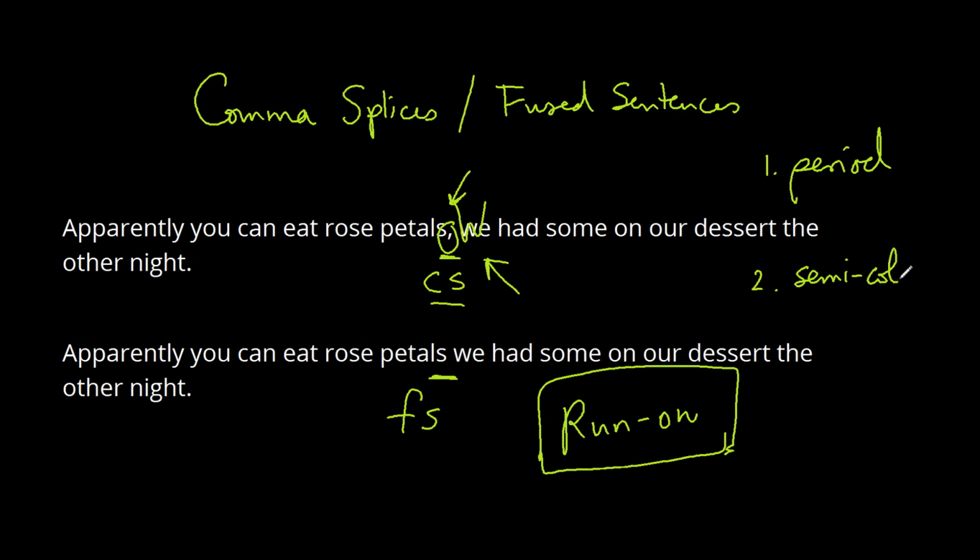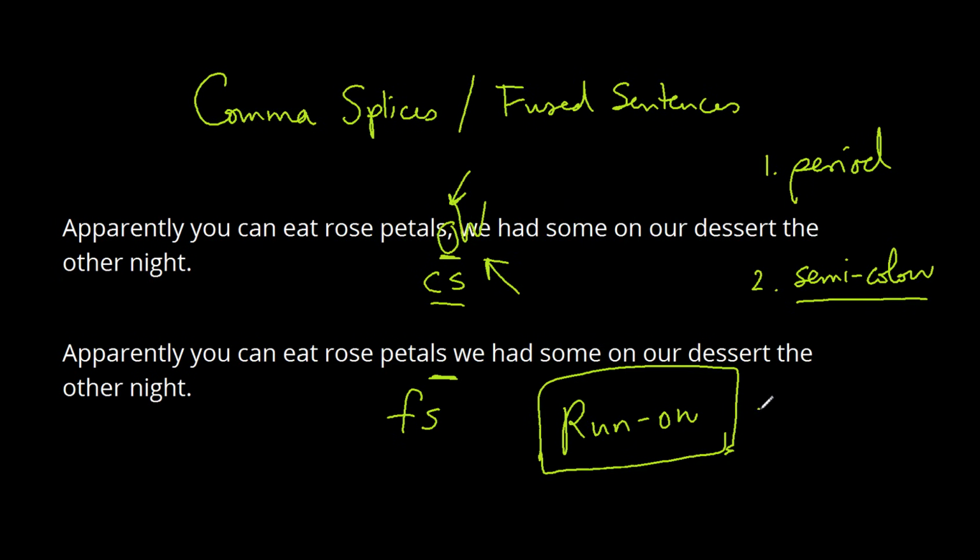I wouldn't always do this though, because if you add a semicolon between two clauses that are not connected with a conjunction yet, you really have to make sure that these clauses have something in common, that they're fairly balanced, that they are of equal weight, and that they nicely go together like that.